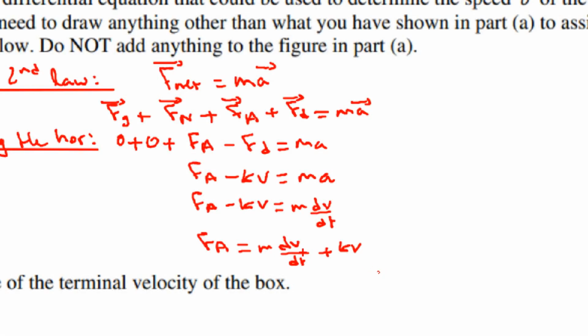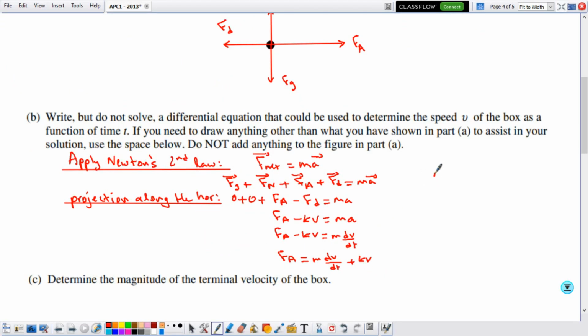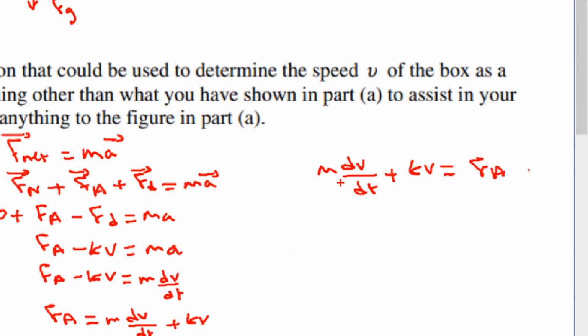Now reading the equation from right to left, that would be m dv by dt plus kv equals Fa. And remember that it's always good to write the differential equation into the canonical representation, leaving the derivative with the coefficient equal to 1.